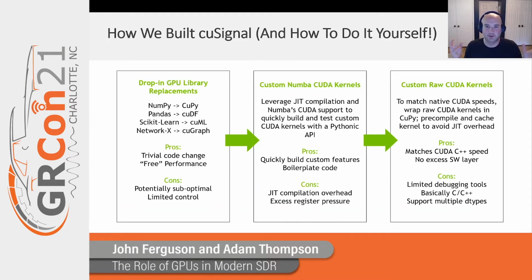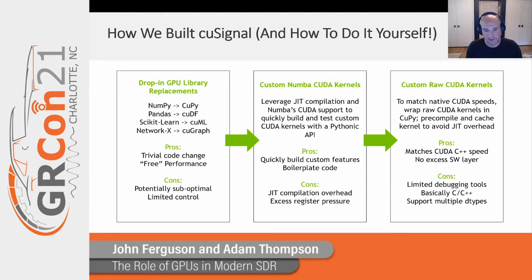And so we have this recipe for crawl, walk, run, where first, if you're trying to build a new library like cuSignal, and the same philosophy applies if you're not building something just for signal processing, look for GPU library replacements. If you see a lot of NumPy in your code, Control F and replace with CuPy.